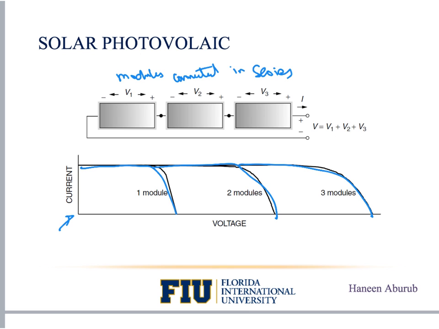That is, at any given current which flows through each of the modules, the total voltage is just the sum of individual module voltages. Here we have a group of modules, which is considered as an array. So we sum the voltages to get the voltage of the array, and we have the same current in the whole array because the modules are connected in series.